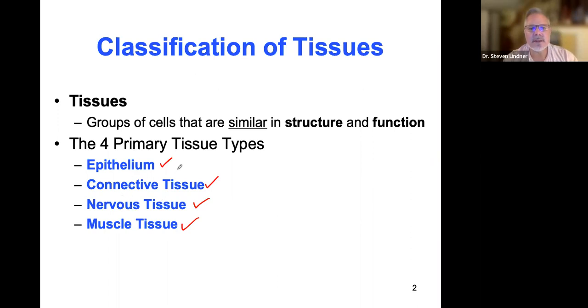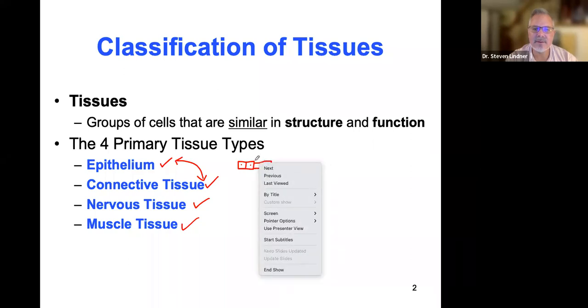But epithelium and connective, these two are a little bit more challenging. There's a lot of subcategories under each of them. One of the big differences between epithelium and connective, if I were to draw a bunch of cells here that we're looking at under a microscope, and these look like cubes, notice they're very closely packed together, right?